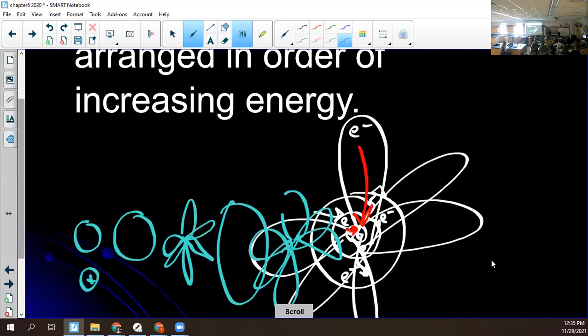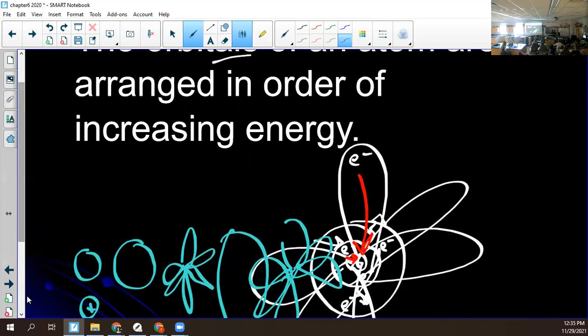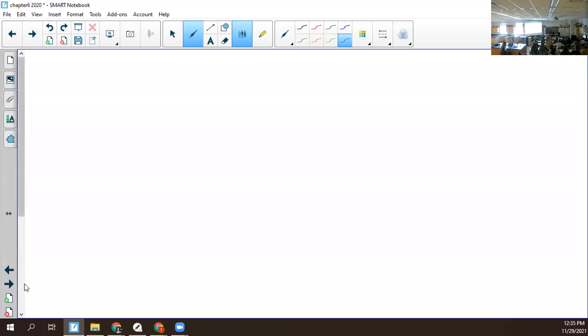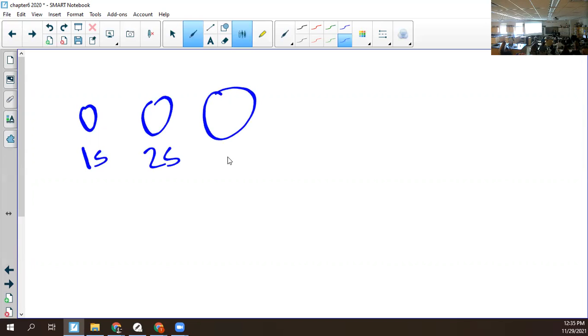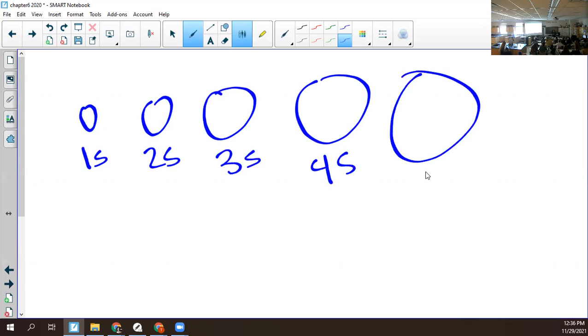Now, when we draw them, if I draw an atom, I have the first S, the second S, the third S, the fourth S, the fifth S, and whatever. Well, how do we draw them to denote they're different? They're just bigger.